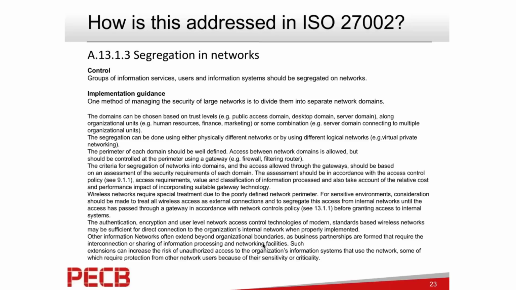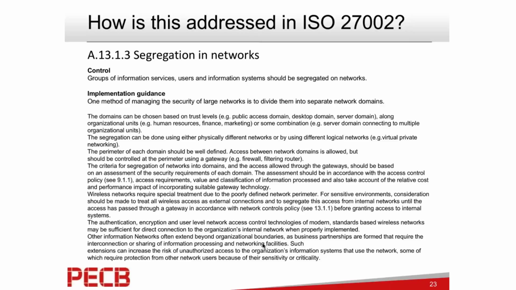You also need to have an access control policy defining how your networks are being accessed, who has access, what the access requirements are, and what the value and classification of information processed inside each of your network segments is.